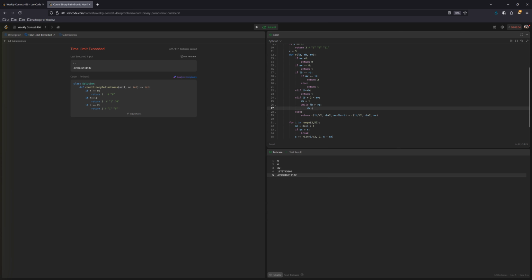Then while left bit is greater than right bit, CB plus equals 1, right? So we know that there are at least 1. Okay, CB equals 1. Left bit is greater than right bit. Okay, and then just return 2 times.